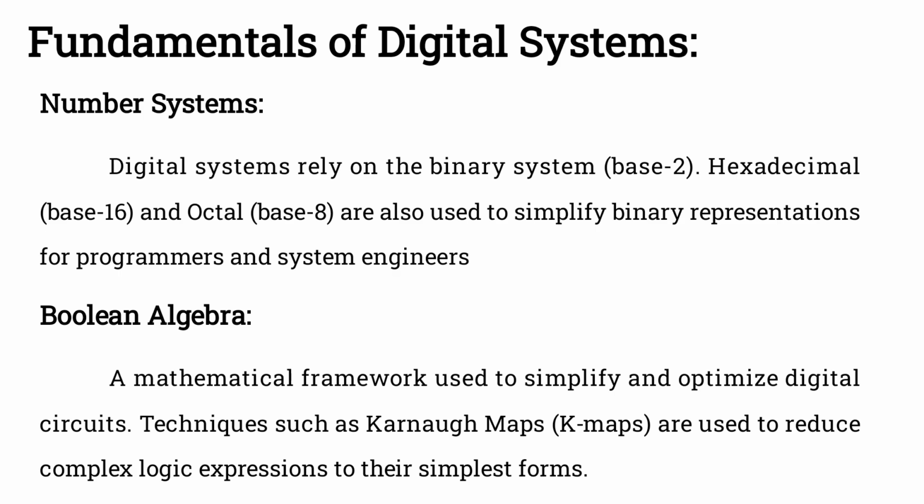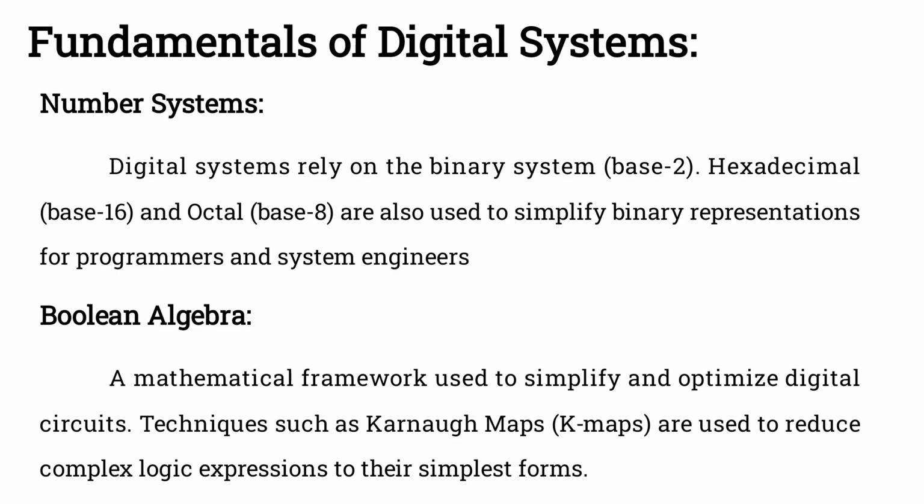What are the fundamentals of digital systems? There are mainly two components. First one is the number system, then Boolean algebra. The number system is basically of four types: binary with base 2, hexadecimal with base 16, octal with base 8, and decimal with base 10.